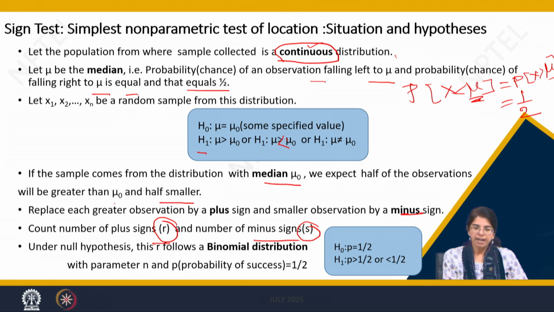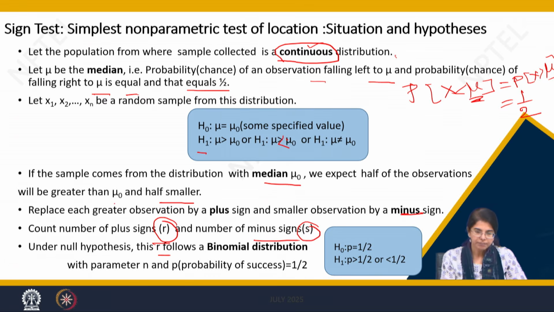Okay. So, under the null hypothesis, this r follows a binomial distribution. Why? Because we know under the null hypothesis mu 0 is the median. So, the probability of having a plus sign should be half, and the probability of having a minus sign should be half, because we have chosen mu 0 as our median.